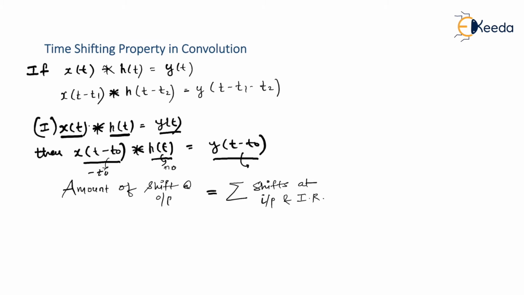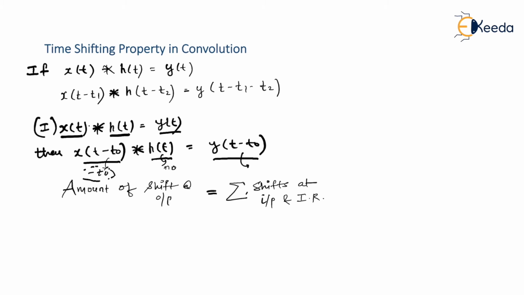Then in the output, you have to do summation of shifts at input and impulse response. Total shift in the input is minus t naught, and there is absolutely no shift at impulse response. Then in the output, the amount of shift will be equal to summation of shifts at input and shifts in impulse response. And therefore, resulting shift in the output is minus t naught.